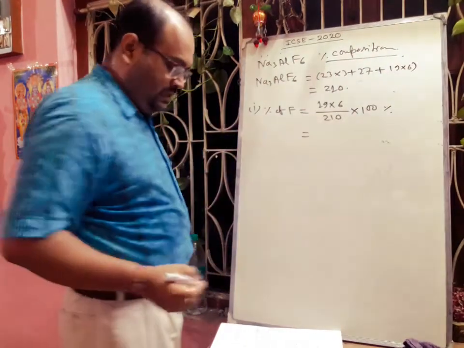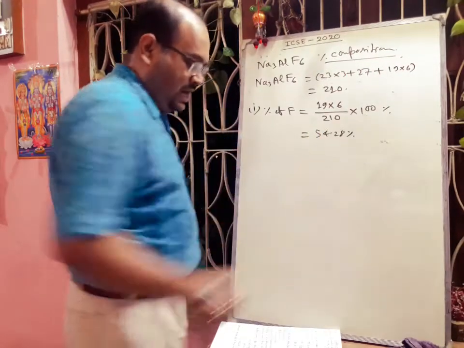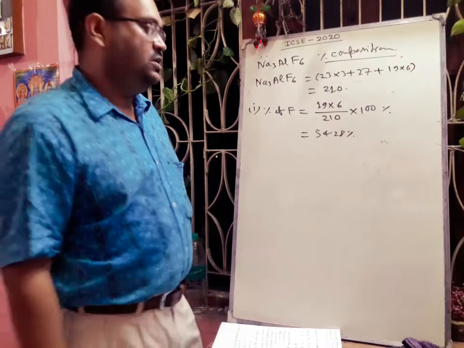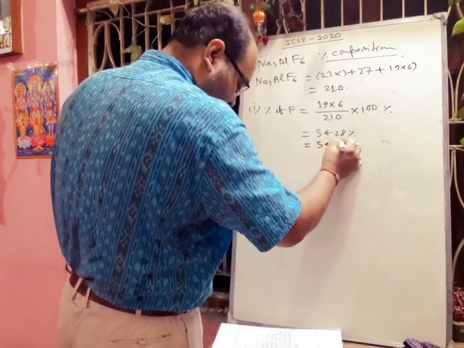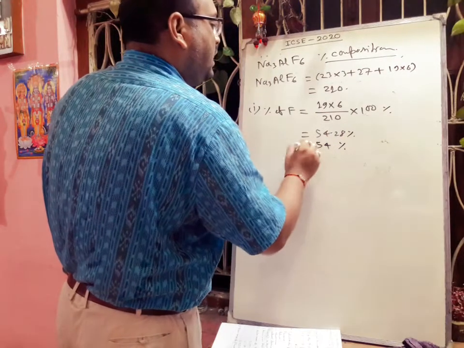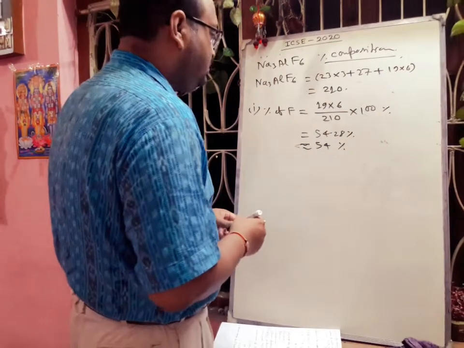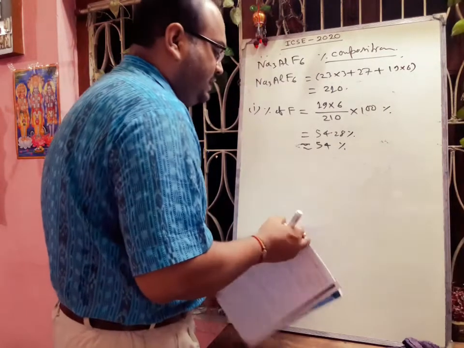If you calculate, you will get 54.28%. And in your question it is given to the nearest whole number. So if we round up this figure, it will come as around 54%. Next we will discuss the percentage of sodium.